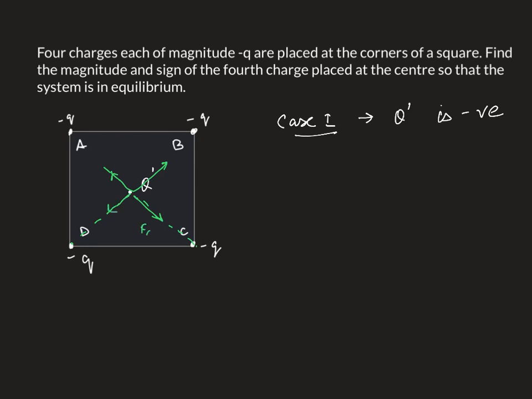This is the repulsive force due to A, this is the repulsive force due to B, this is the repulsive force due to D obviously, and this is the repulsive force due to C. Now since all charges are equal and all distances are equal, magnitude wise we can say FA equals FB equals FC equals FD, and all these forces will cancel out in pairs. Like FB will cancel out with FD and FA will cancel out with FC. Hence, we will have net force equals to 0.